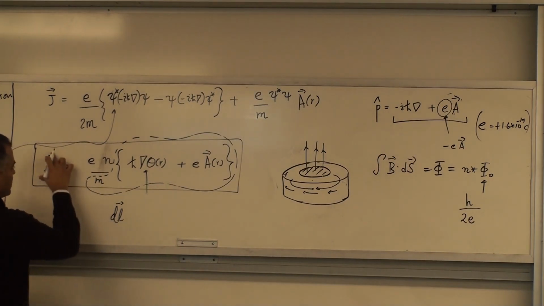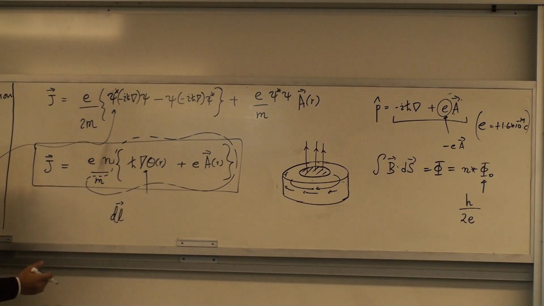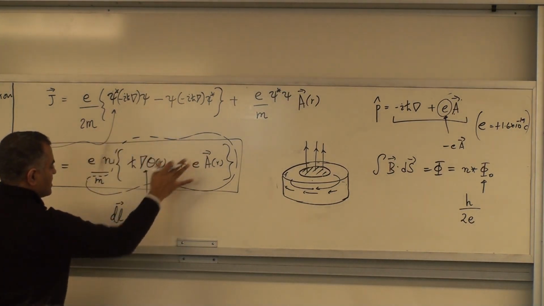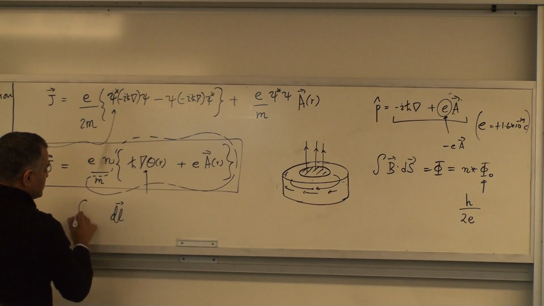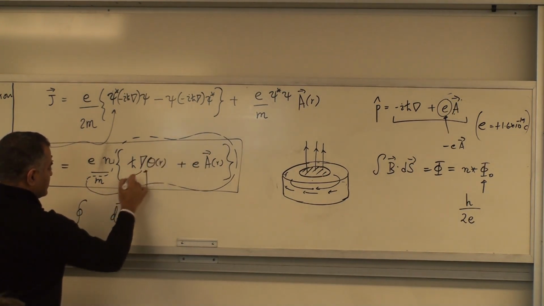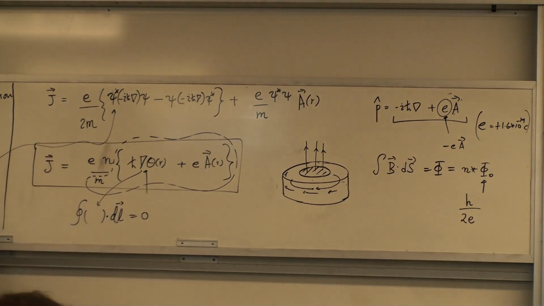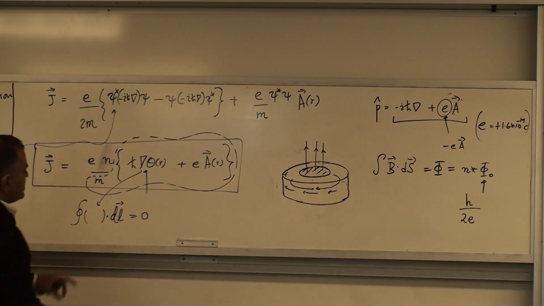Deep inside, j is 0, because you are far away from the London penetration depth. Therefore, the closed loop integral of j dot dl must be equal to 0, because the current is 0 at every point, so you're summing 0 over the entire length.